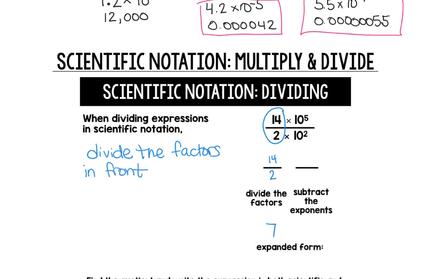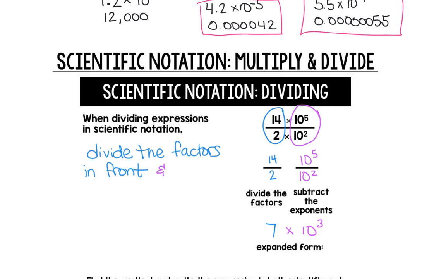Next, we're going to divide the powers of 10. We know with our exponent rules, that means subtracting the exponents because the bases are the same. So this becomes times 10 to the 3rd power.